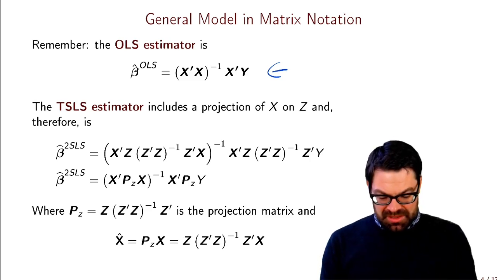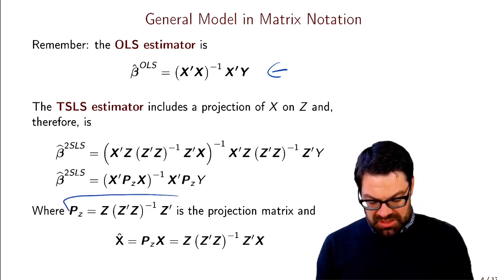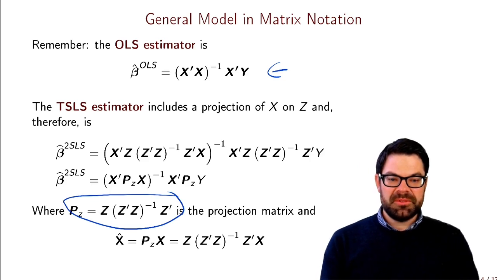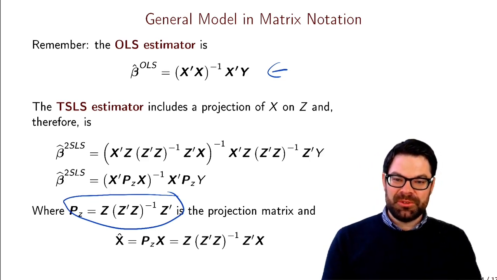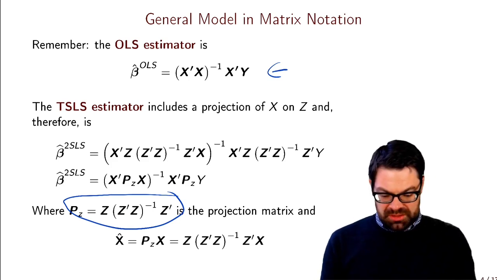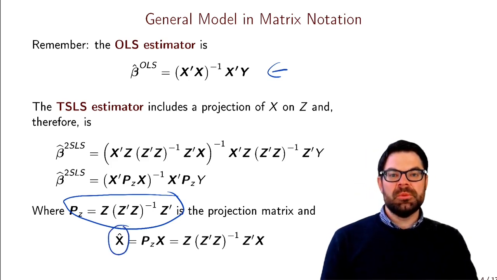So this is done, and it's the notation here in a compact way. How this is done is we have this projection matrix, which is basically the right-hand side of the first stage equation, and we use that to generate those fitted values of x.